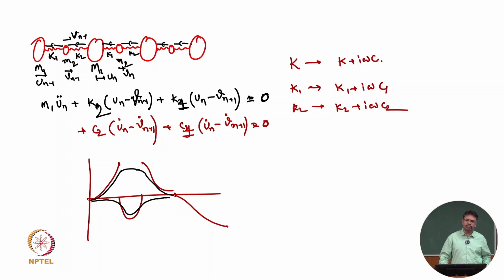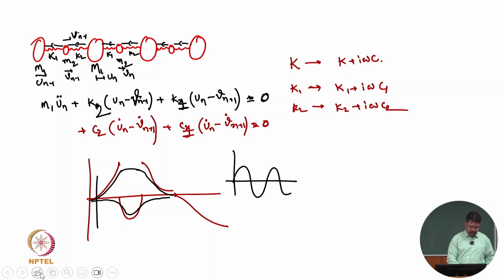And most importantly, one thing is always happening: the wave has some amount of dissipation. In the first case, the wave was moving completely, there was no decaying nature, the wave was going straight.